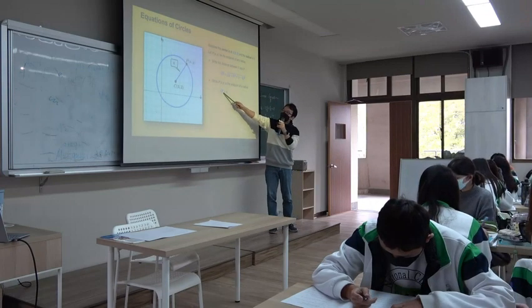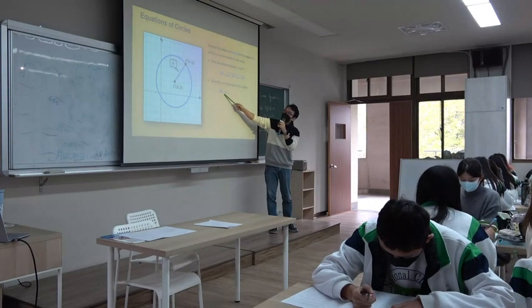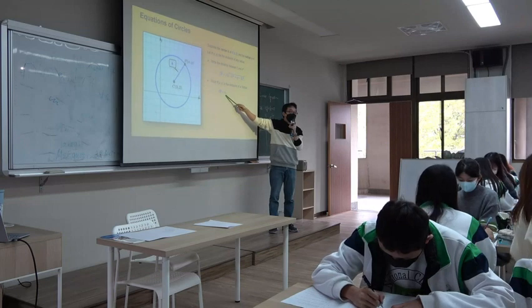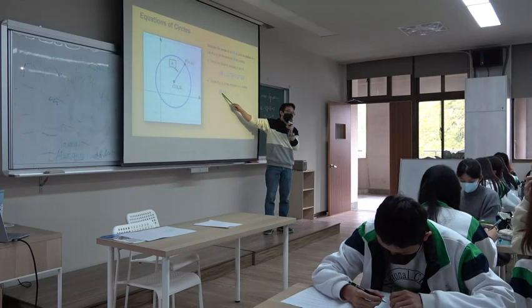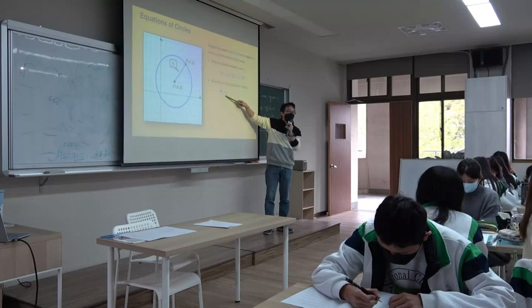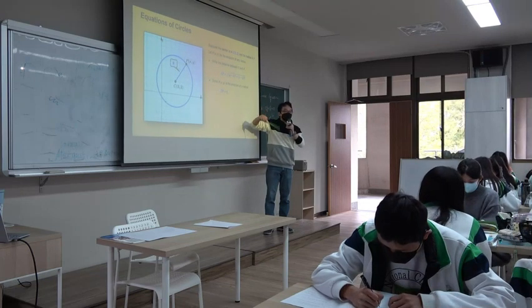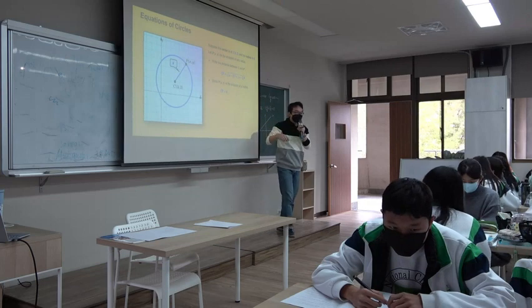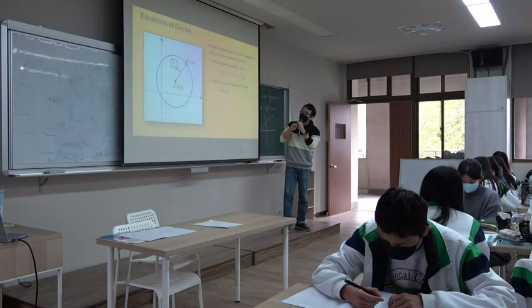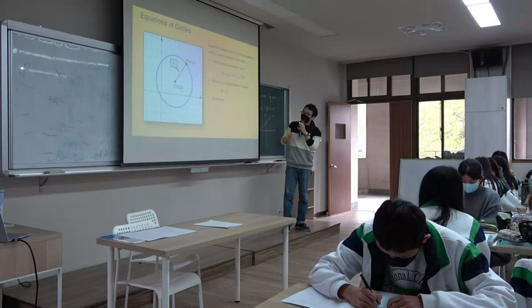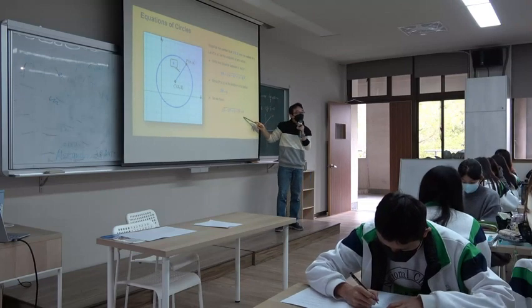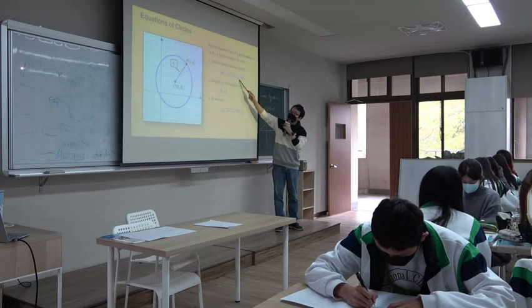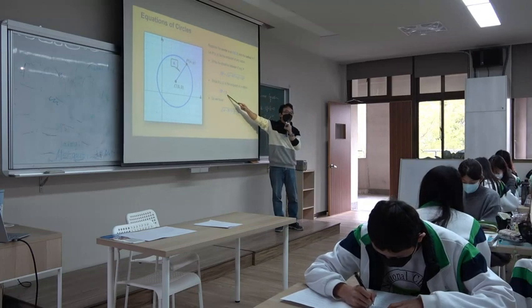So the radius is 4, right? This is the segment CP. This is also the segment CP. So they are the same. Okay, they are equal to each other. So we have this, right? This is equal to this.